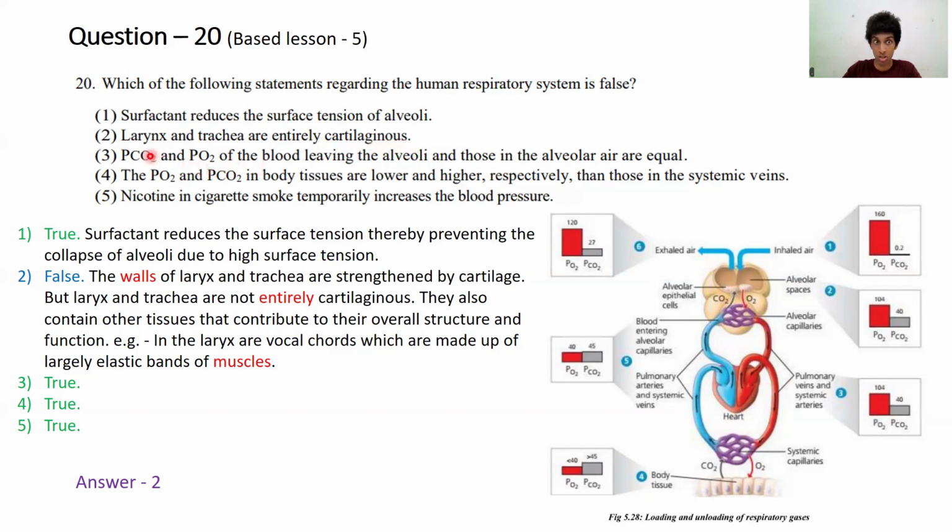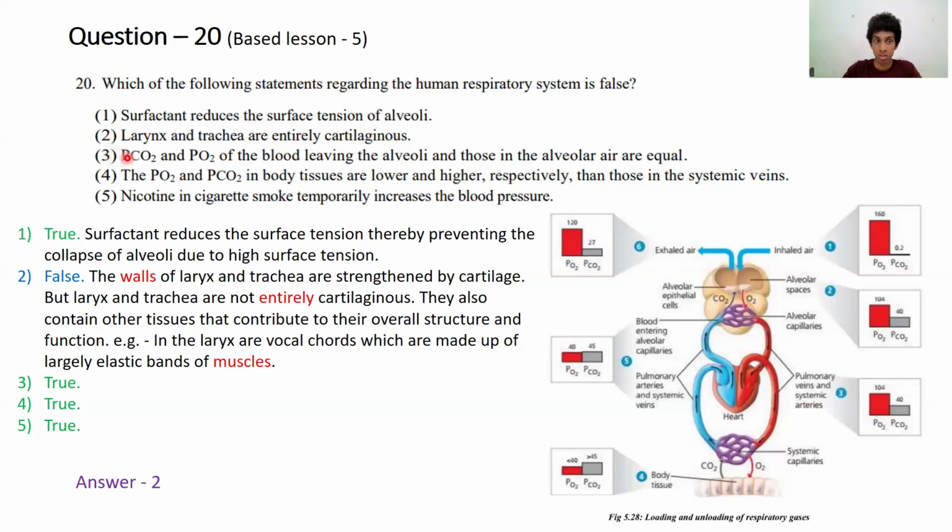No, that's false. Larynx and trachea are not entirely cartilaginous. The walls of the larynx and trachea are strengthened by cartilage, but they also contain other tissues that contribute to their overall structure and function. For example, in the larynx, there are vocal cords which are made up of largely elastic bands of muscle. So therefore, the second statement is wrong.